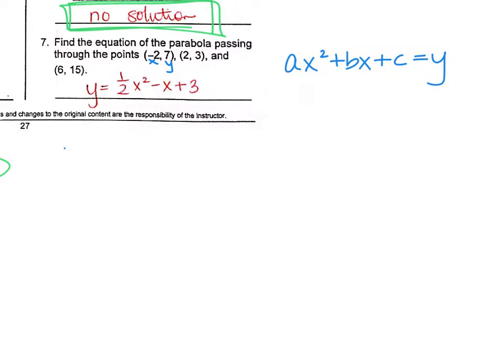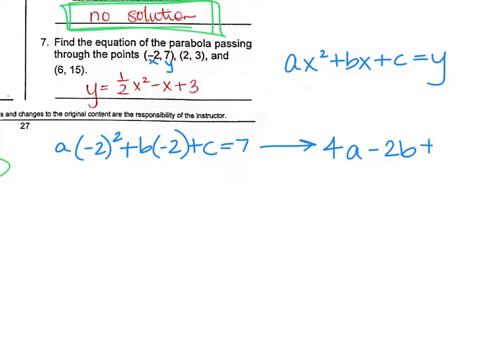So if I set this up, I'm going to have a negative 2 squared plus b negative 2 plus c equals 7. Those negative 2's and the 7 are all coming from that ordered pair. That's going to give me the equation 4a minus 2b plus c equals 7.